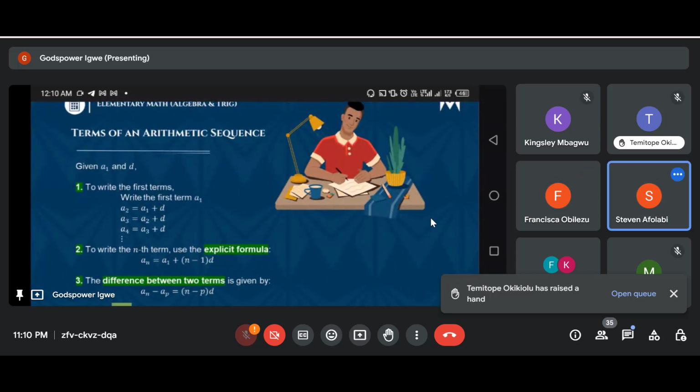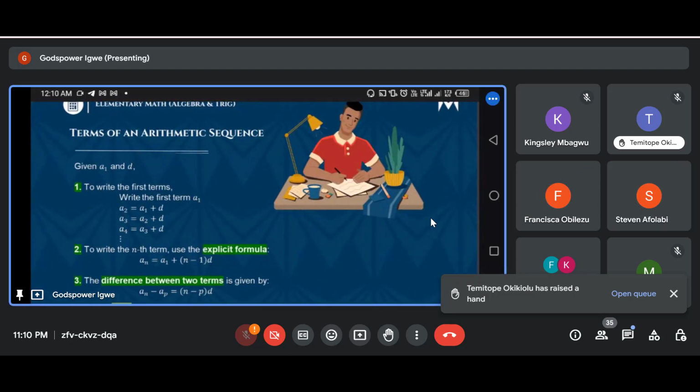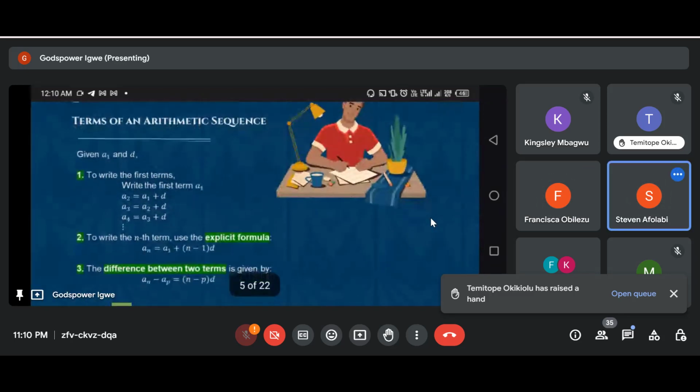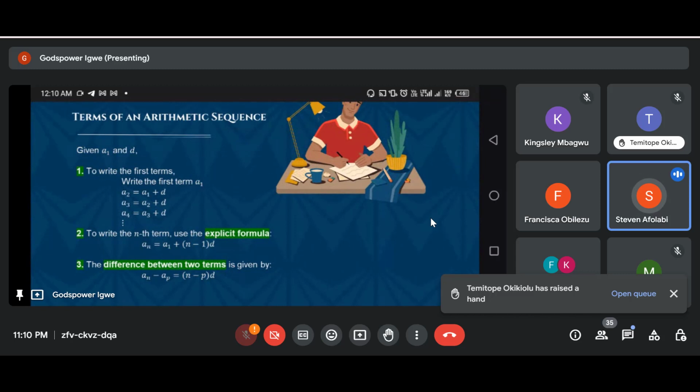Our first term is 5. A1 is equal to 5, right? Our d is equal to minus 3. Then we substitute it into the equation, which says A1 plus n minus 1 times d, the common difference.